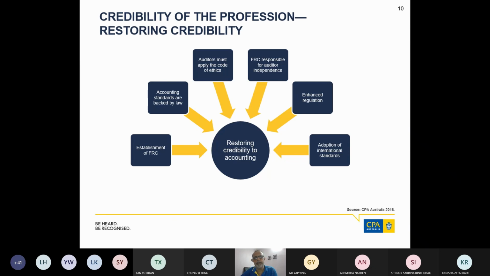Enhanced regulation. In Malaysia, we have our regulators. Who are the regulators in Malaysia? We have the Securities Commission of Malaysia. Keep in mind, this is very important in this subject. And then we have the CCM, Companies Commission of Malaysia. Then if the company is a listed company, we have Bursa Malaysia.